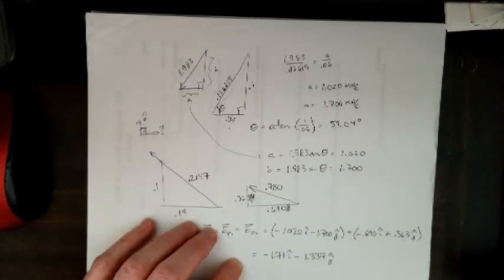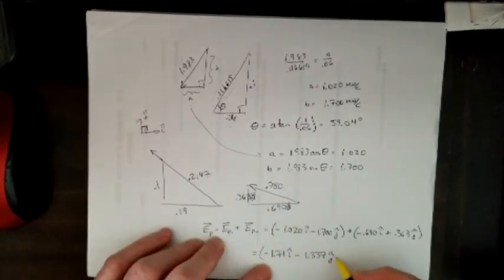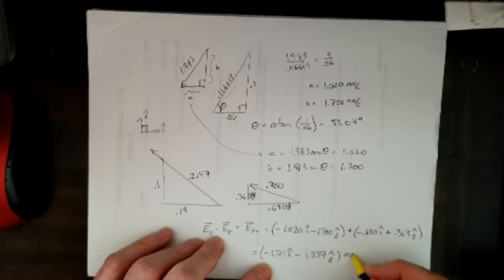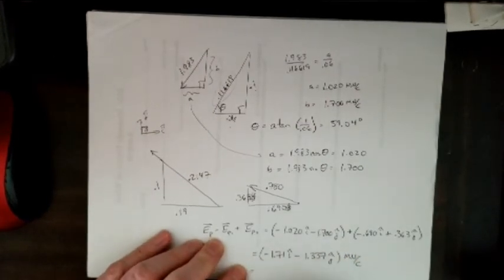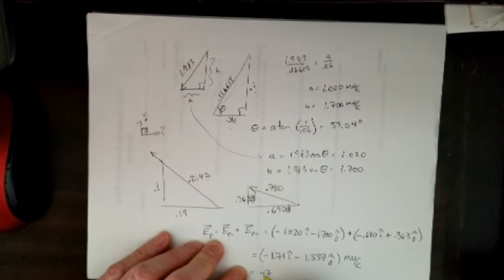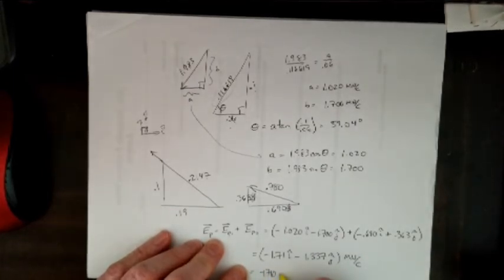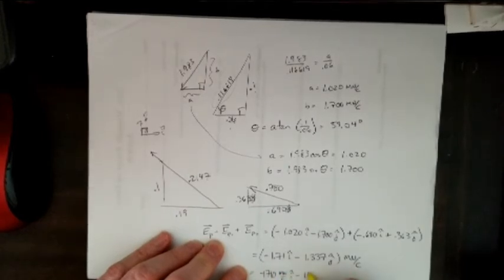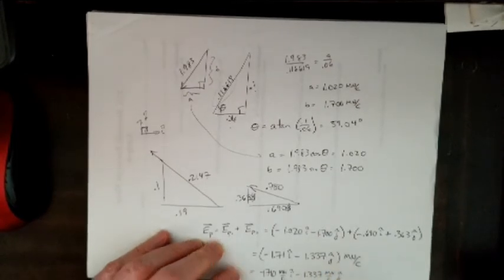And don't forget units. Units are critically important here, so don't forget units, mega newtons per coulomb, or I could write 1.710 mega newtons per coulomb i hat minus 1.337 mega newtons per coulomb j hat.